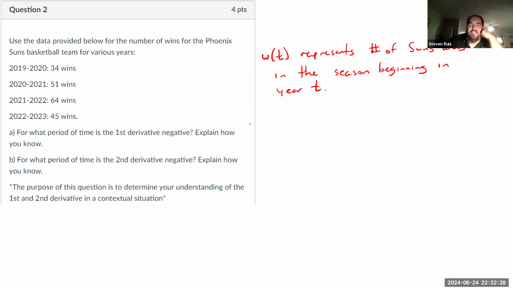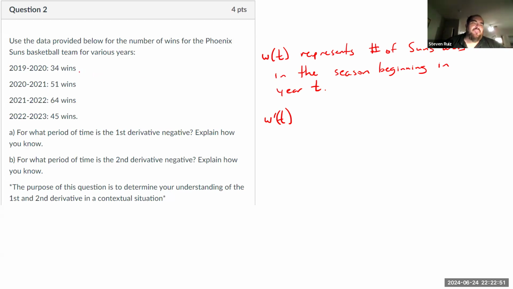Okay, so where's the first derivative negative? If this is my function W, then what does the function W prime represent? W prime represents the change in wins. We can't really say instantaneous, because all we're looking at is year to year, but we're taking some liberties here.